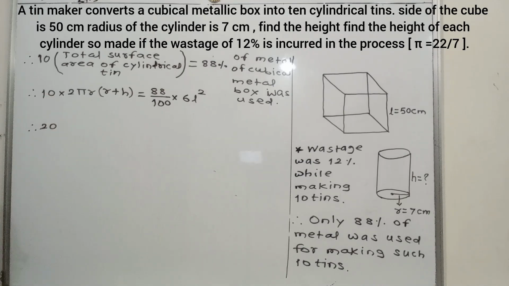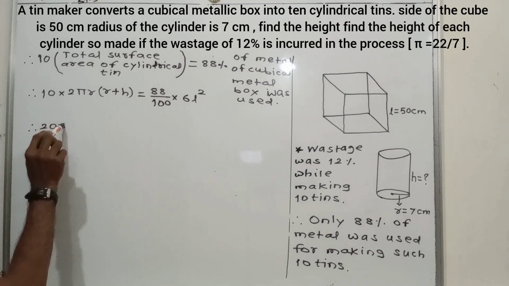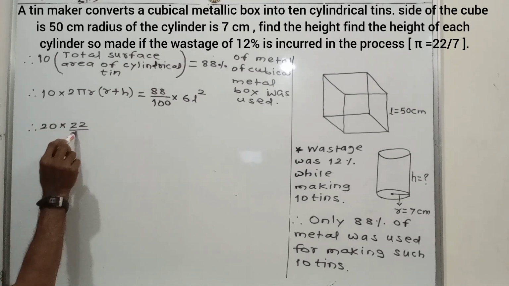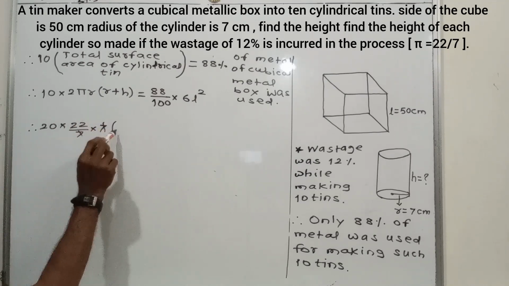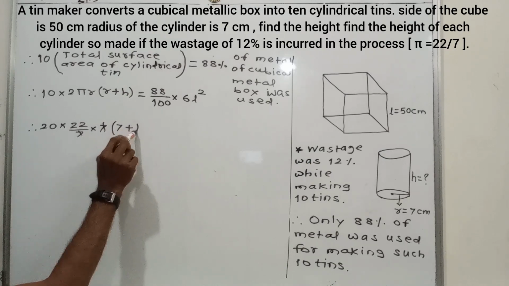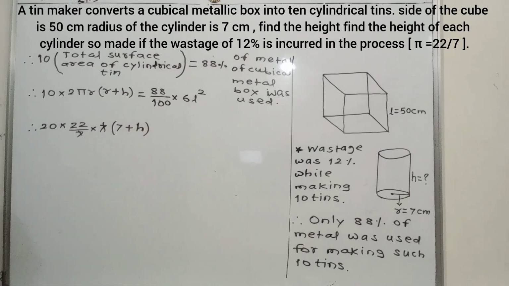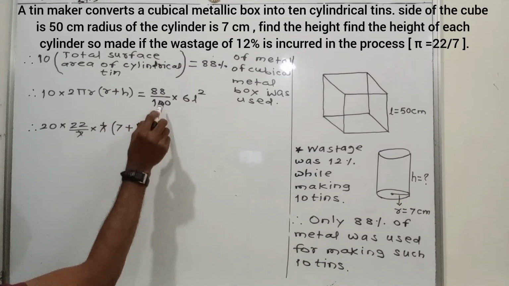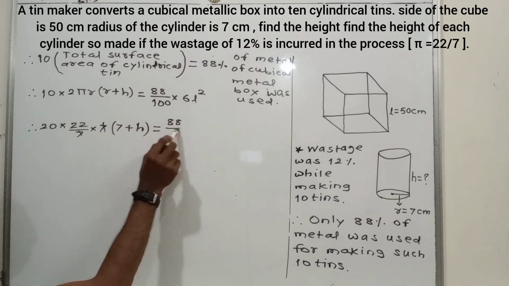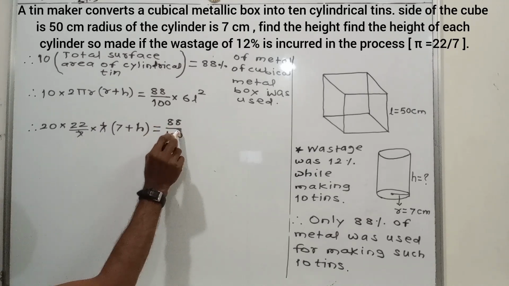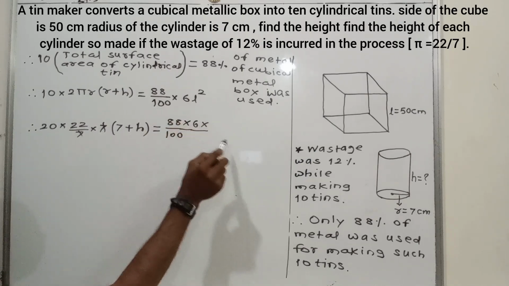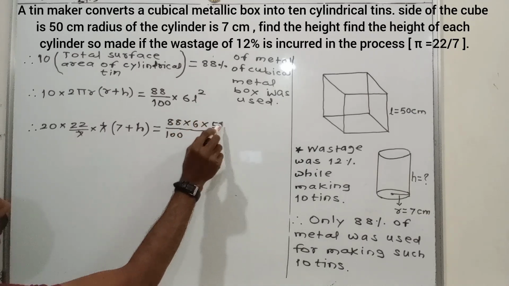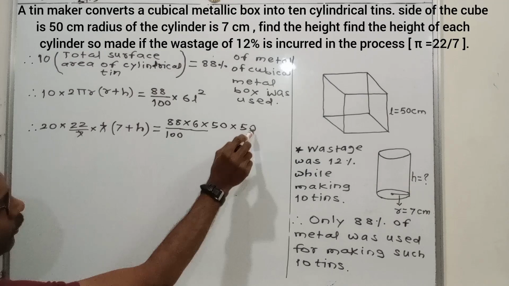Therefore 10 into 2 pi, we have given 22 upon 7 into radius (r plus h), means 7 plus h, okay, is equal to 88 upon 100 into 6 into 50 into 50.